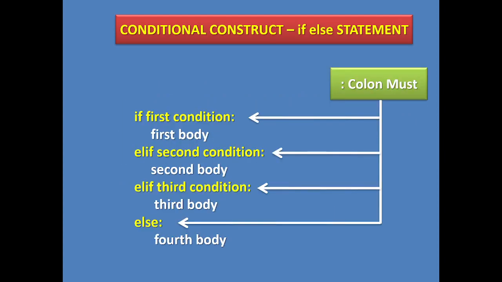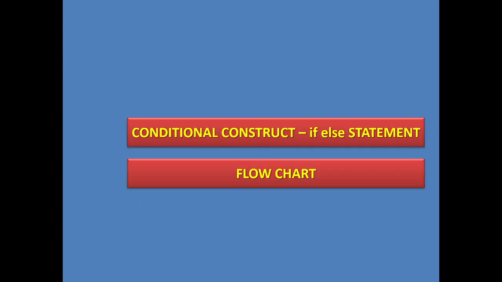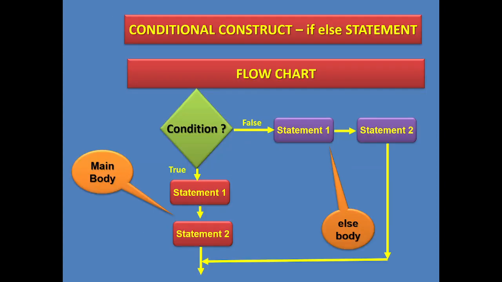You can see this is an if-else ladder, but this picture will be very relevant. First a condition will be given. Now either the condition will be true or the condition will be false. If the condition is true, then some statement will run. This will be the main body of if.